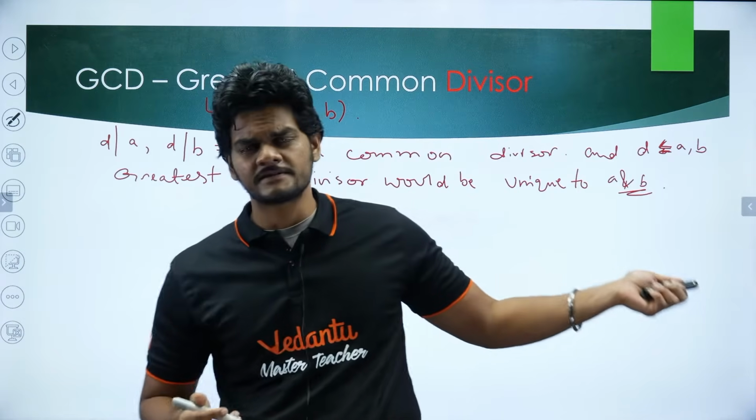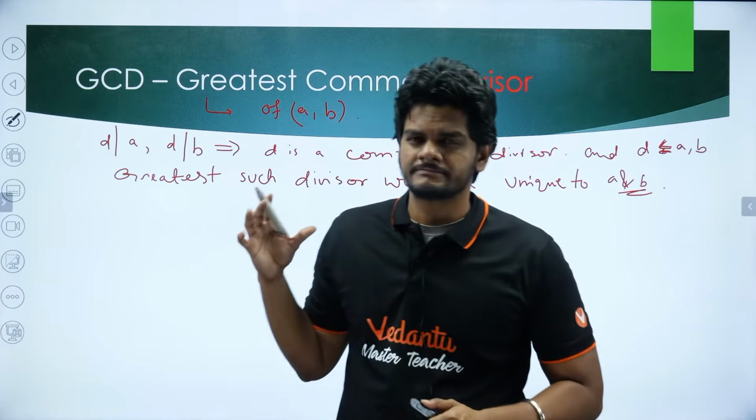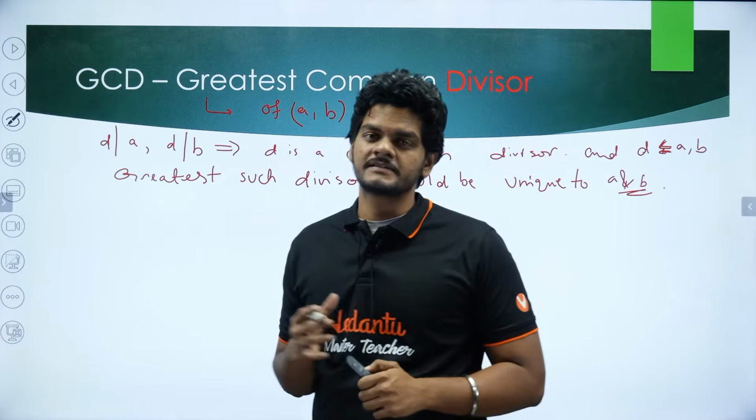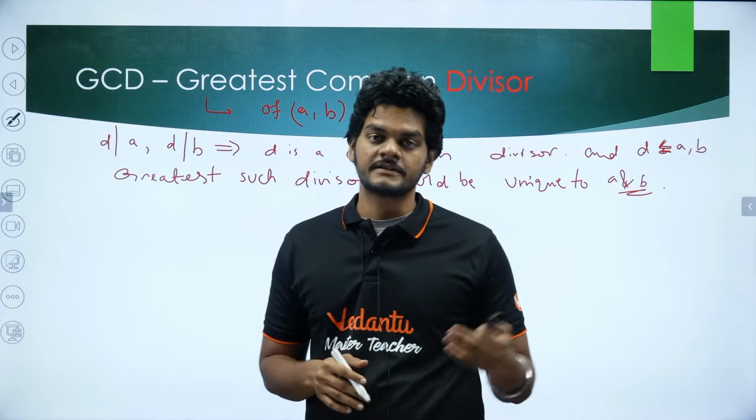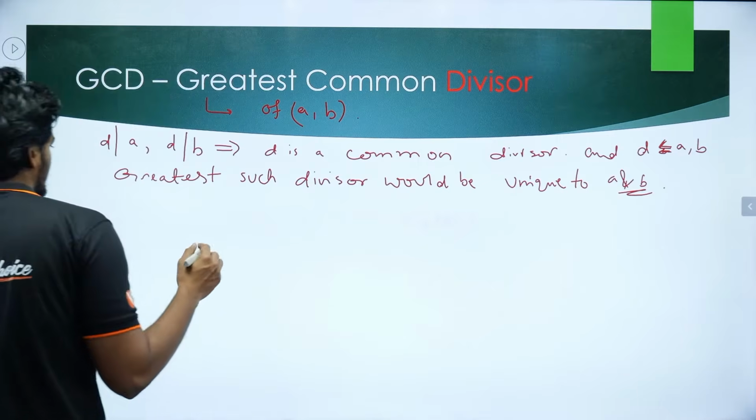Now in the previous session about divisors, we talked about how to find a divisor, or how to look at a divisor in terms of prime factorization. So let's talk about prime factorization again.